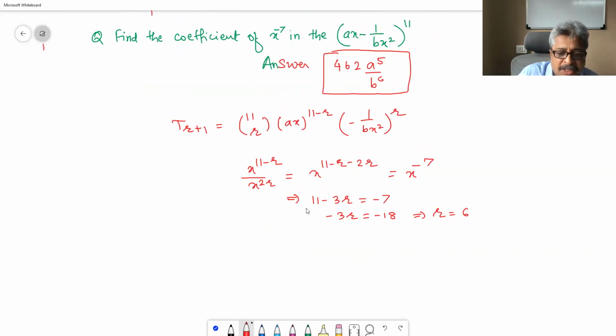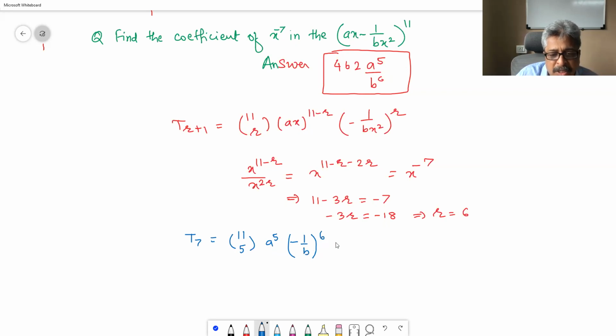Now, if r is 6, then seventh term is going to be the required term. Term number 7 is equal to 11 choose 6, which is 11 choose 5, a raised to 11 minus 6, which is 5. We need not worry about x now because x is going to eventually disappear. Minus 1 upon b raised to 6.